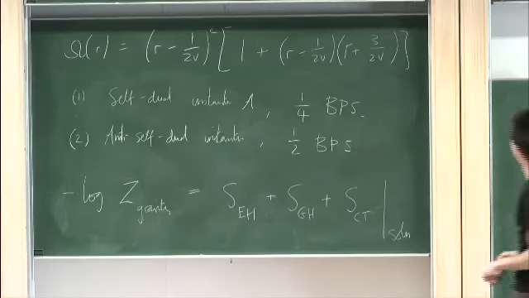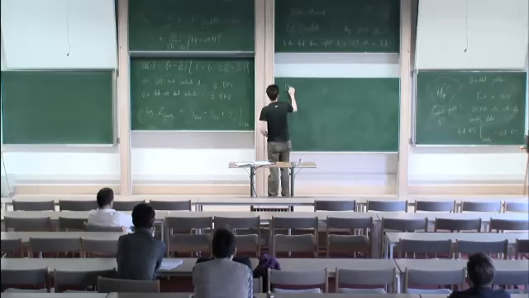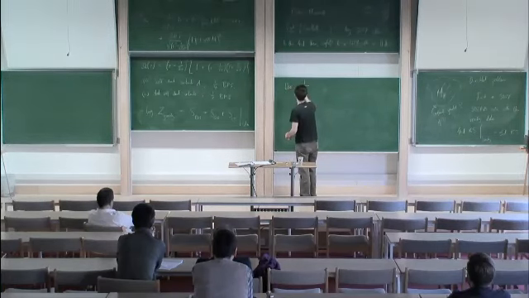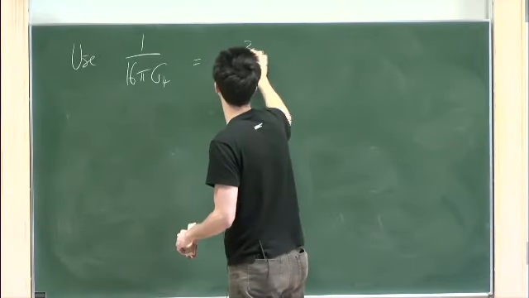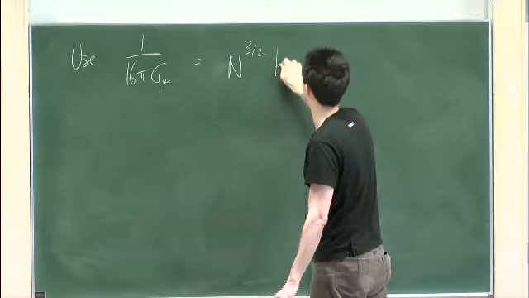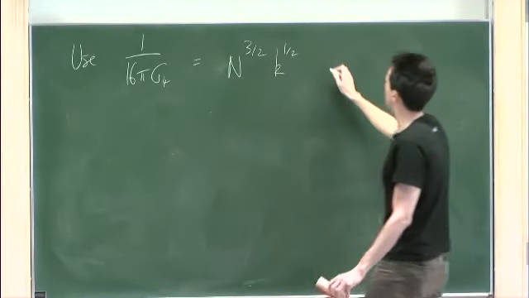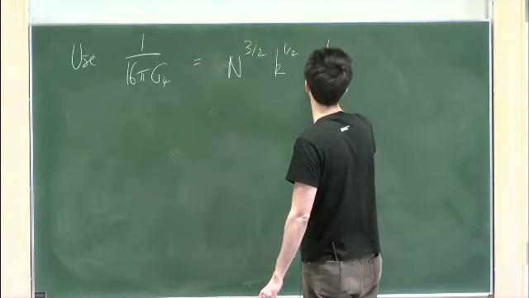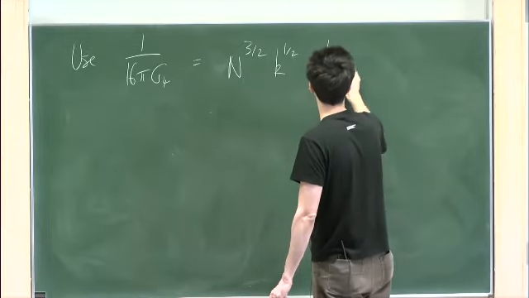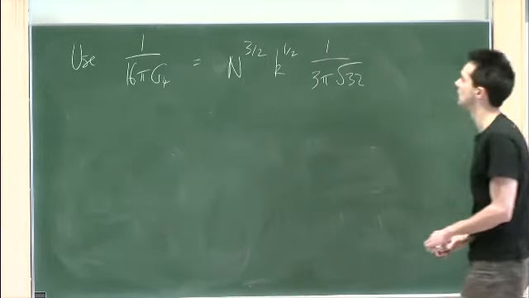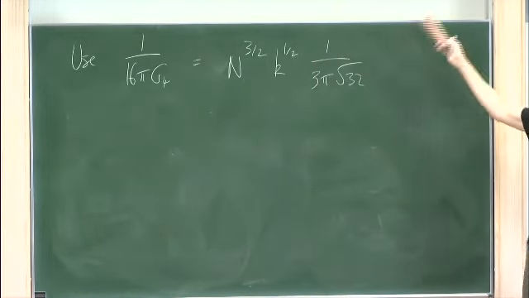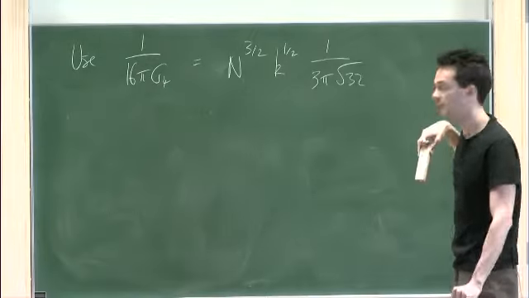And if we use that 1 over 16 pi G4, so this is some universal factor, N to the 3 halves, k to the 1 half, 1 over, I think it's 3 pi root 32 or something. So if you plug this in, this comes just from the usual Kaluza-Klein reduction on the 7-sphere in this case.